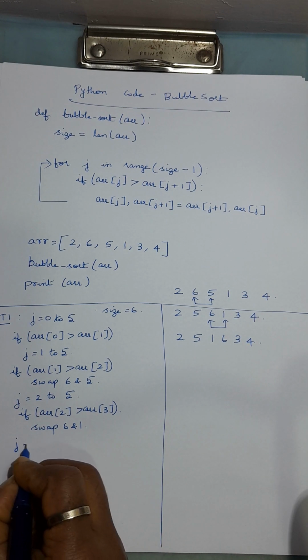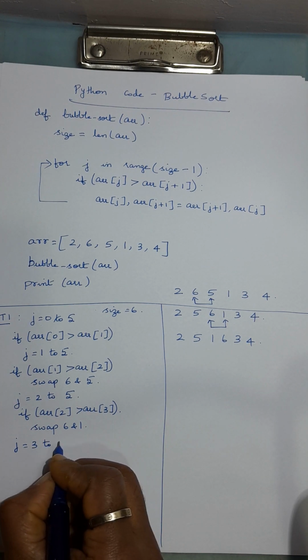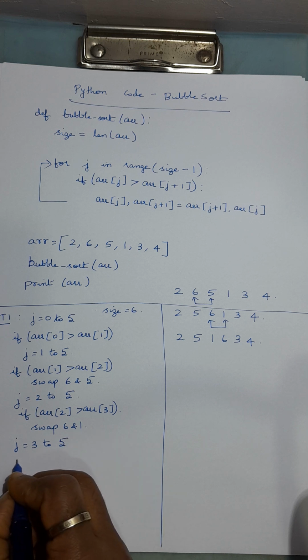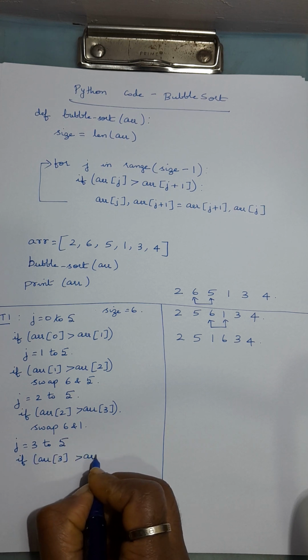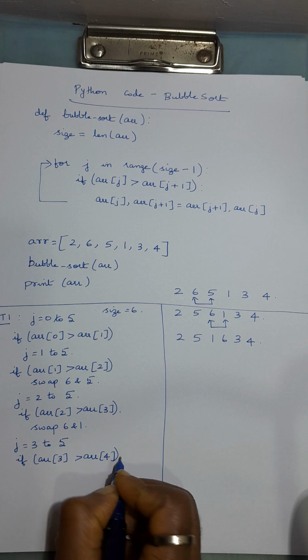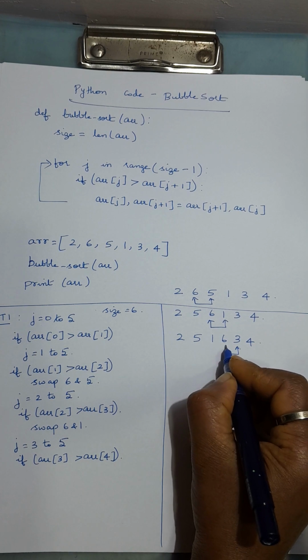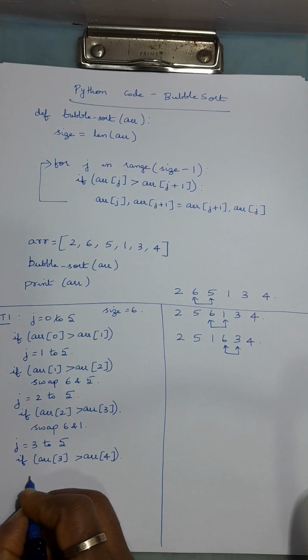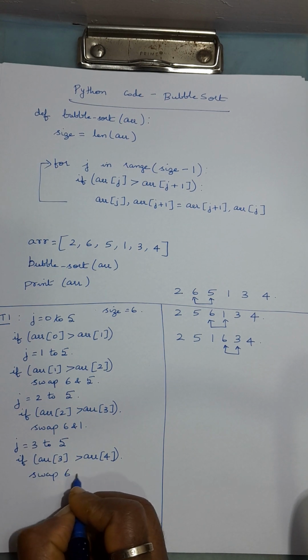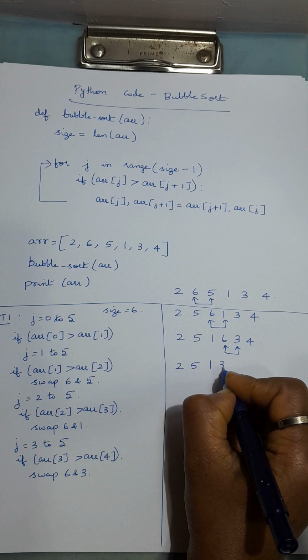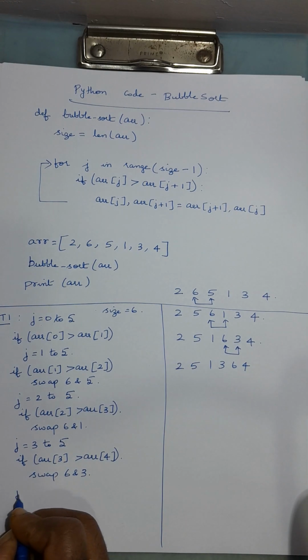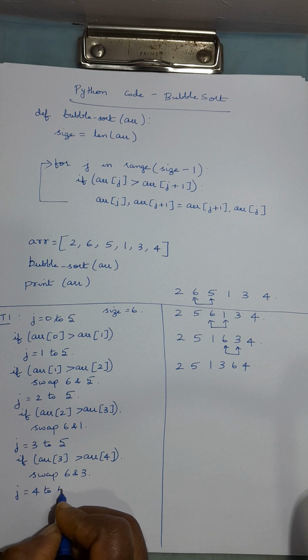Okay. Now again, j value is 3 to 5. We check if array of 3 is greater than array of 4. Is 6 greater than 3? Okay, yes. Swap 6 and 3. Okay, so it becomes 2, 5, 1, 3, 6 and 4. Now j value is equal to 4 to 5.